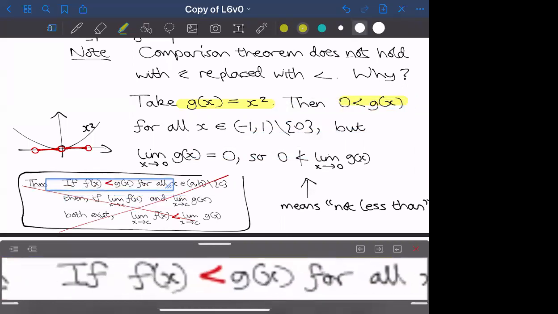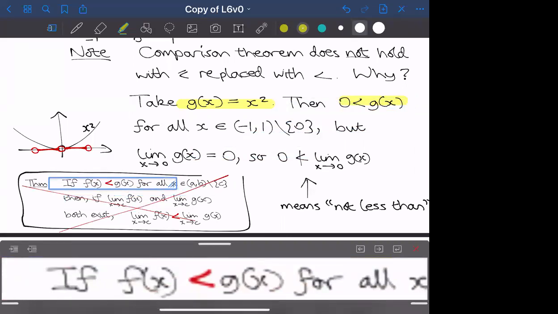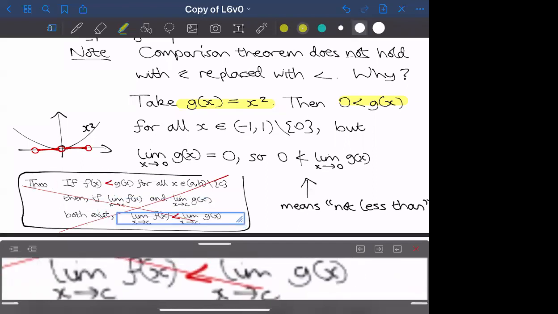So if this version of the theorem was true, then we could put f equals 0 and take this g(x), and we could get this relation between the limits. But in this case, this is not true.